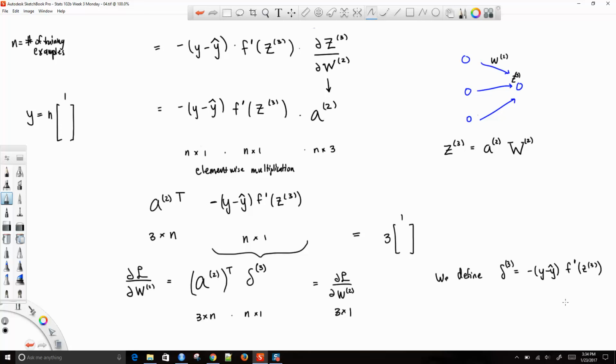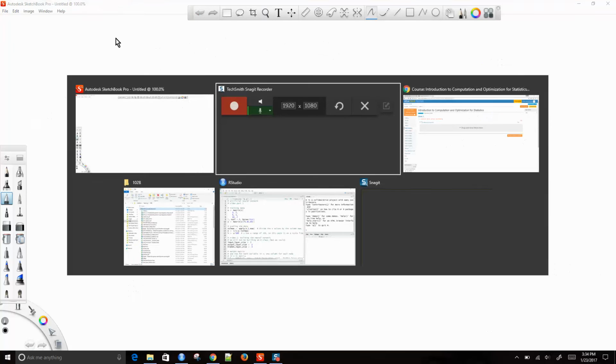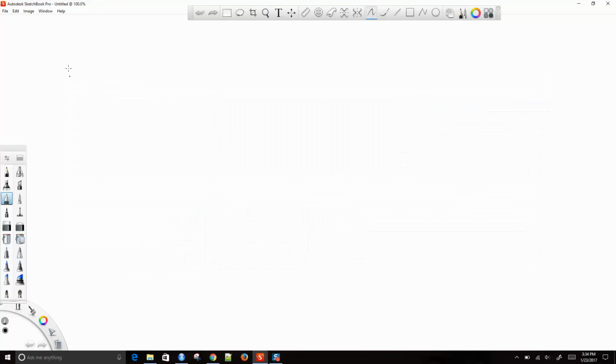Okay, so we can continue this, but let's now find the gradient with respect to W1. If we think about this, many of the steps above go through until we get to this last step.